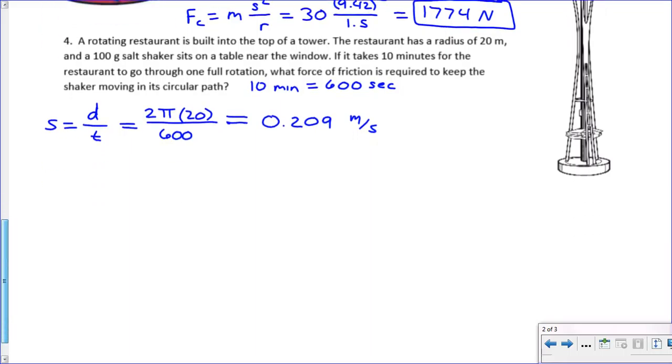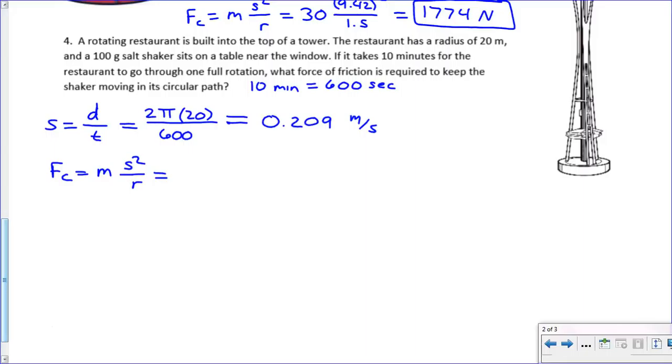Now we need to plug that into the centripetal force equation. We get Fc equals m s squared over r. The salt shaker is 100 grams. We have to convert that to kilograms. So there are 1,000 grams in a kilogram.